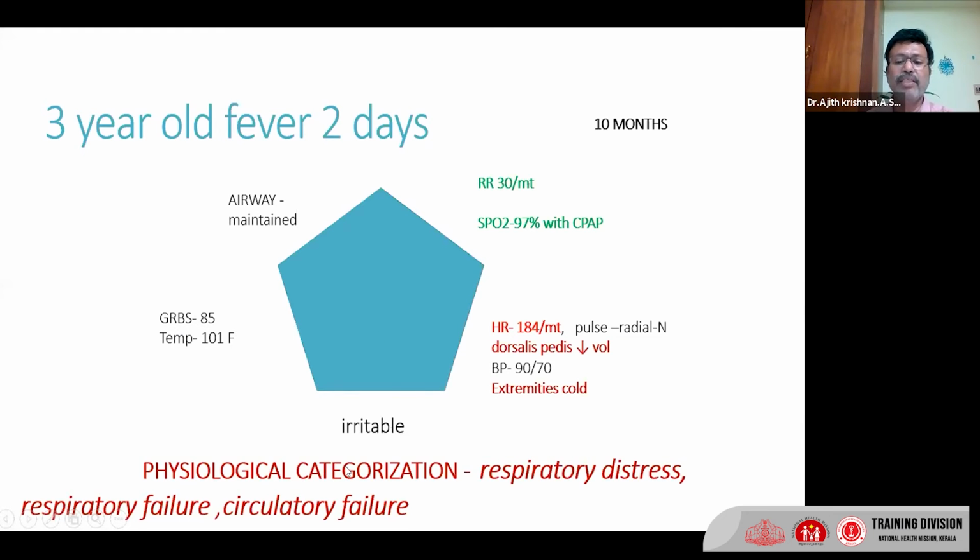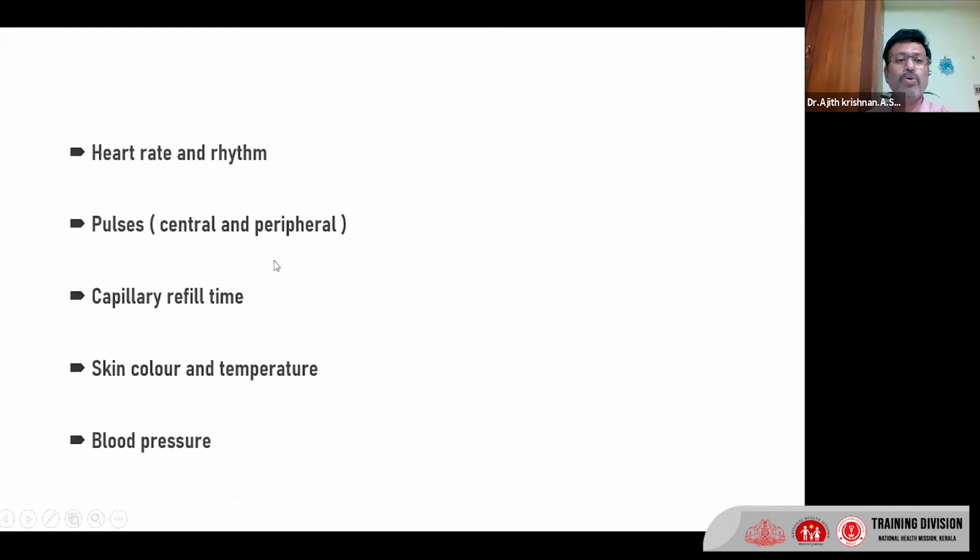And you have to categorize the child, whether the child is having respiratory distress, respiratory failure, circulatory failure, or encephalopathy. So regarding circulation, you have to take the heart rate and rhythm. Is it regular or irregular? Feel both central and peripheral pulses, capillary refill time, and skin color and temperature to look for the peripheral circulation, and the blood pressure.